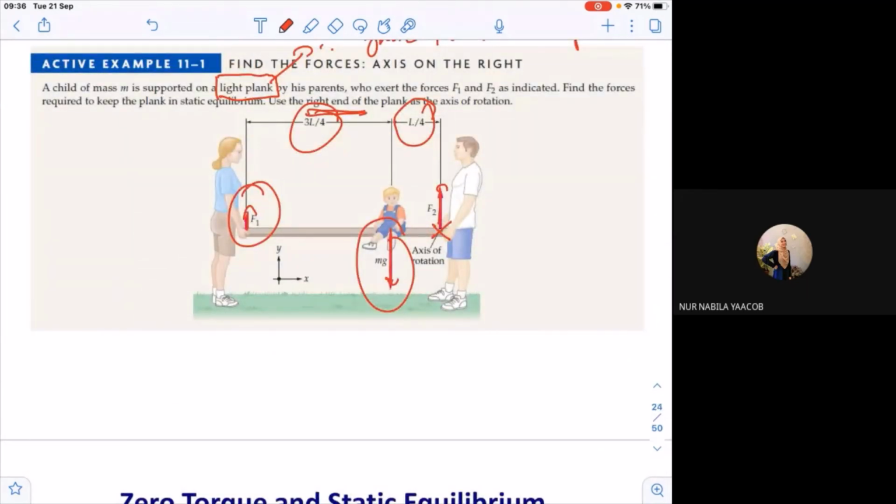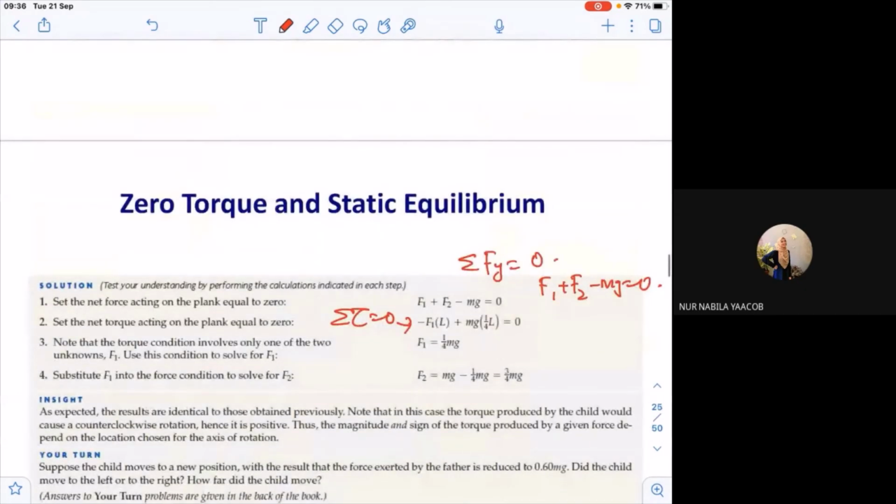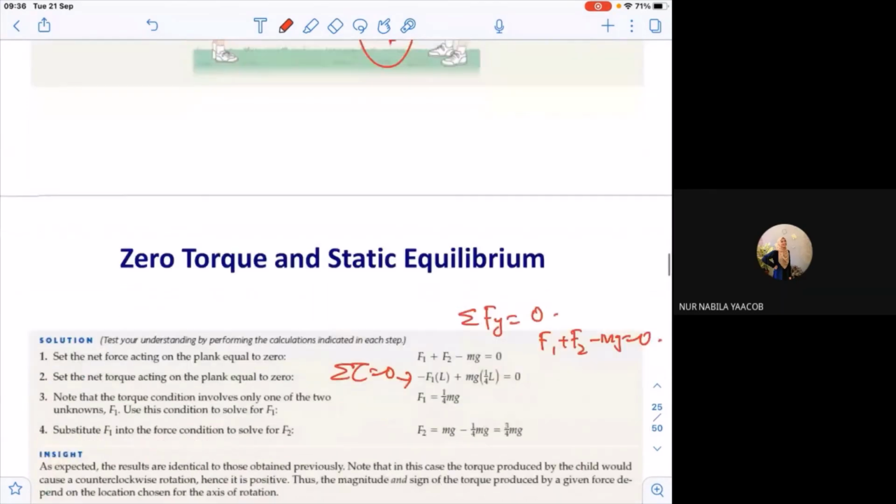If you apply a ruler here, holding it at the center of rotation, your ruler will go up based on the force. The force going up goes to the clockwise position, so that's why it becomes negative. And the boy becomes positive, mg times 1/4 L.